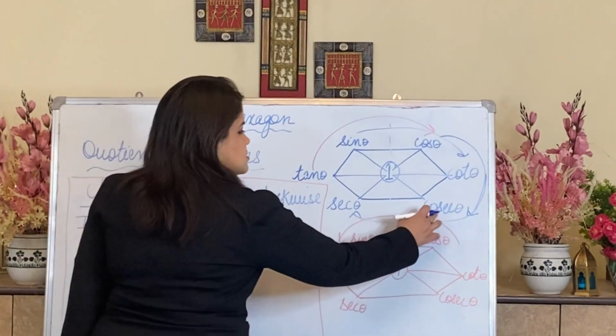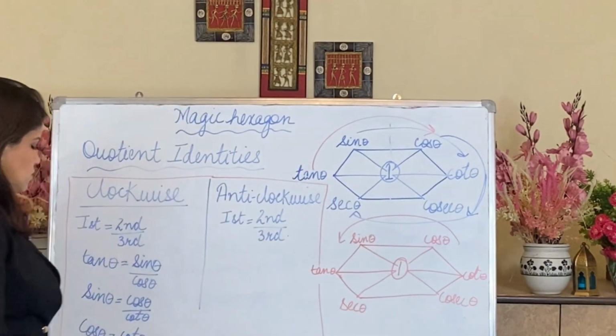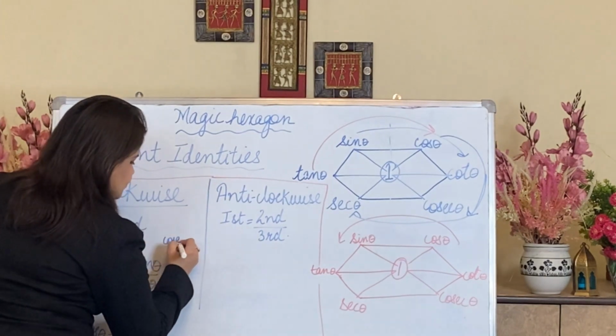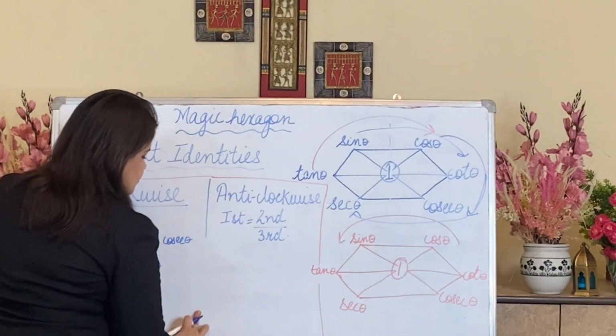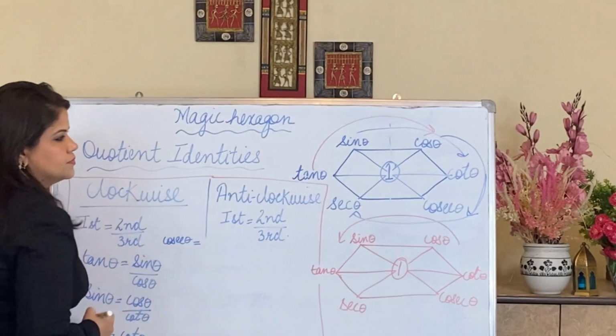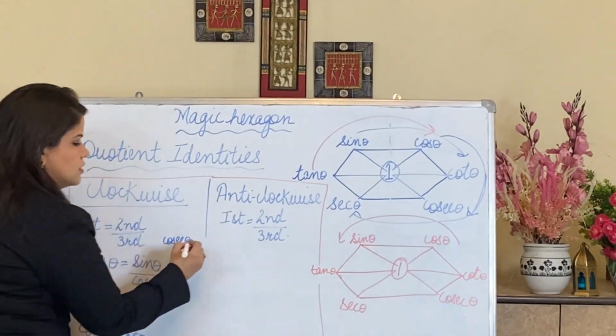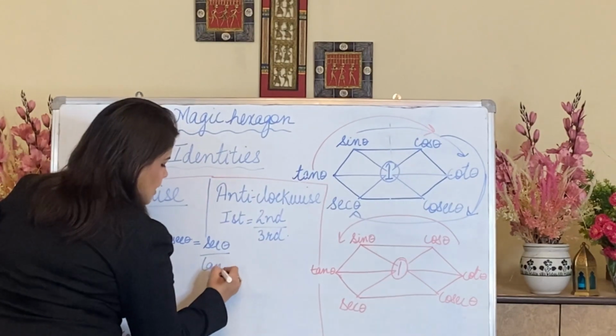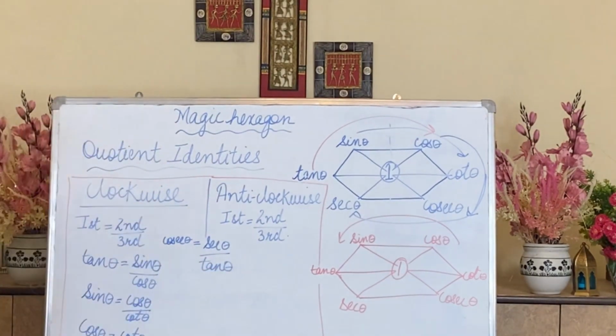Now in last, cosecant, secant and tan, what it will be? Cosecant theta will be equal to secant theta upon tan theta. So how many you have got so far? 1, 2, 3, 4, 5. One is left.